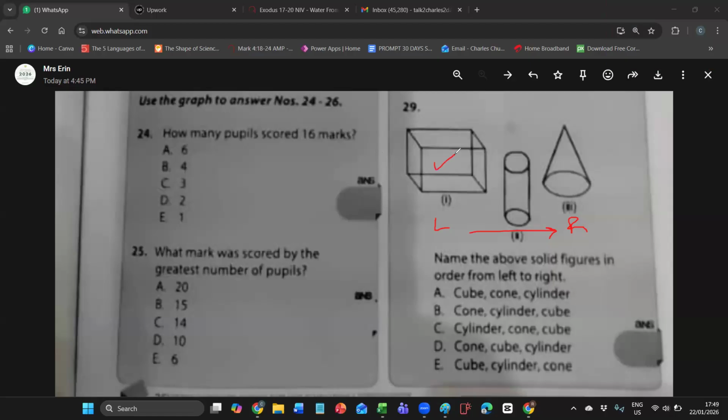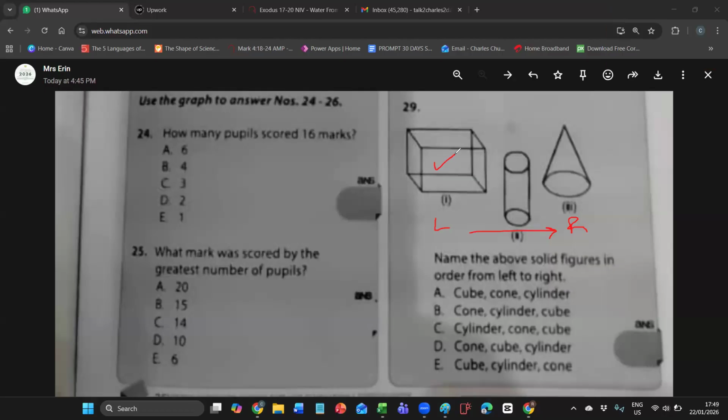Yes, a cube. Okay, now, do you know that their drawings are not accurate? This thing actually looks like a cuboid. But obviously, you can see that they didn't have cuboid among the options. So that means that they meant to draw a cube. So let's just forgive them. They made a mistake. They are human beings too. When they make a mistake, they should learn from it.